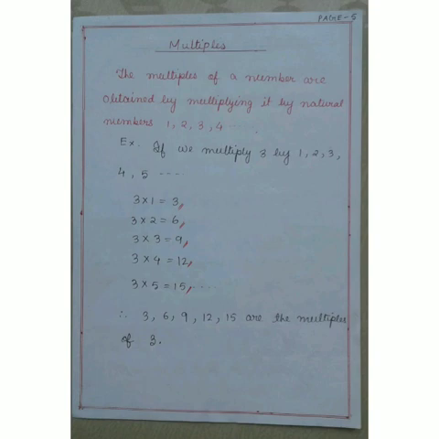If I continue this multiplication to bigger numbers, the number of multiples will be more. So, we can have an infinite number of multiples for a number.